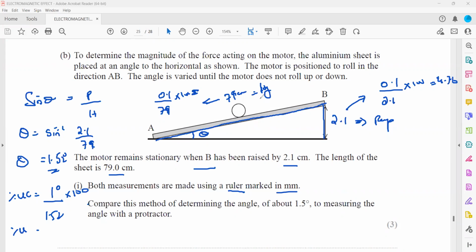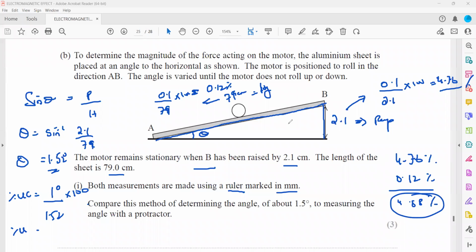What is the percentage uncertainty in this measurement? It is 0.12%. So 4.76% plus 0.12%. So what is the total uncertainty? It is about 4.88%. So the total uncertainty in this measurement is about 4.88%.